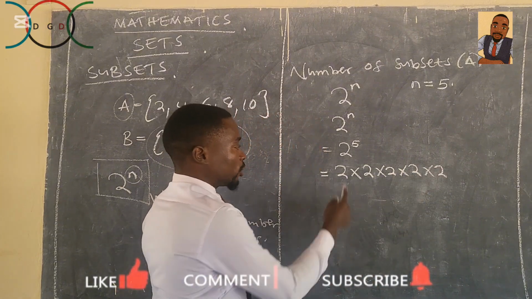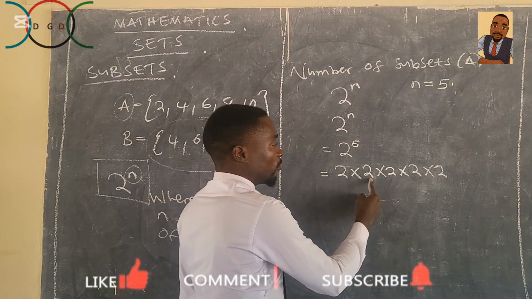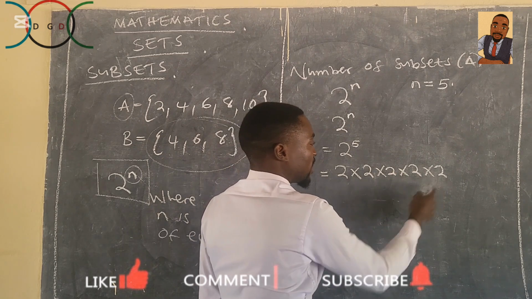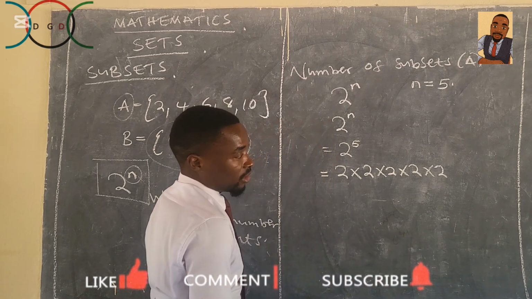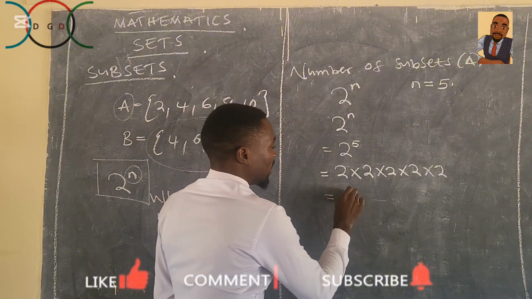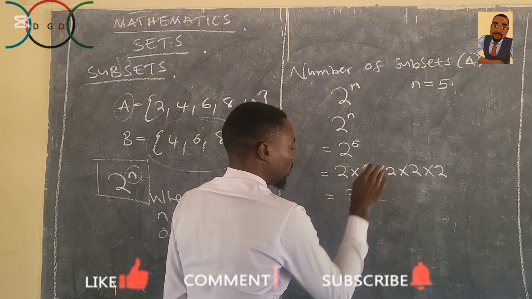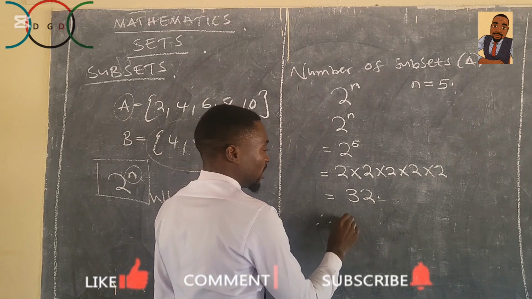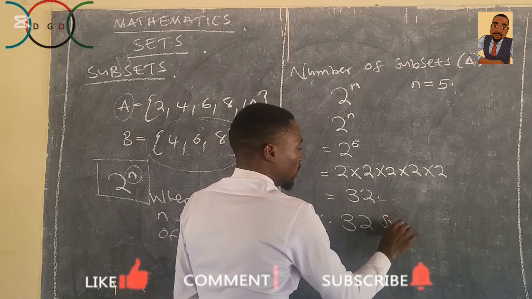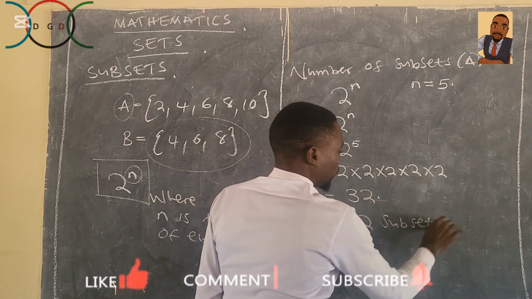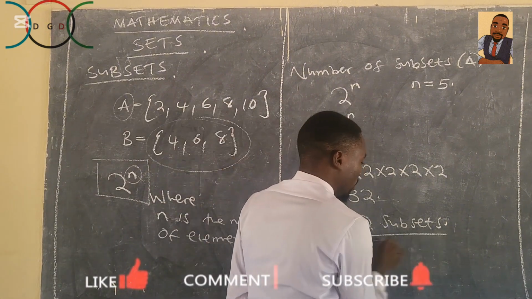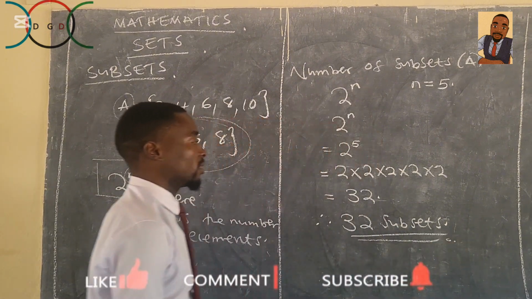Where we know to say 2 times 2 it is 4, 4 times 2 it is 8, 8 times 2 is 16, 16 times 2 it is 32. So meaning our answer there is going to be 32. Therefore we can conclude to say set A has 32 subsets.